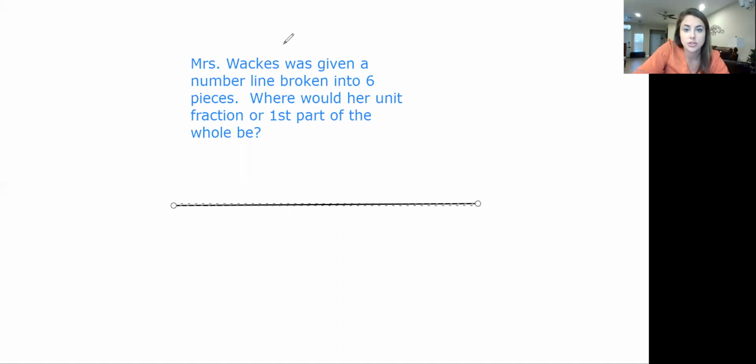And let's say I know that I'm going to always start at my 0 and end at my 1 whole. And it's broken into 6 parts. So now I have to make 6 equal parts. So it's usually easier if I go, here's 1 part, 2 parts, 3 parts, 4, 5, 6 parts, right? But I have to now label that. I've got 1 part out of 6, because that's 1 jump.